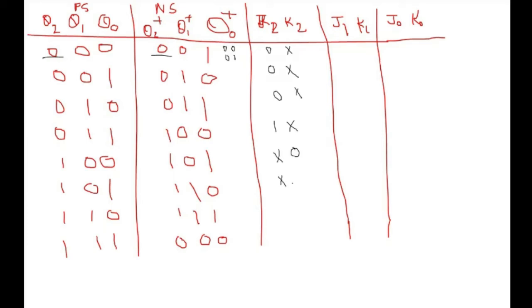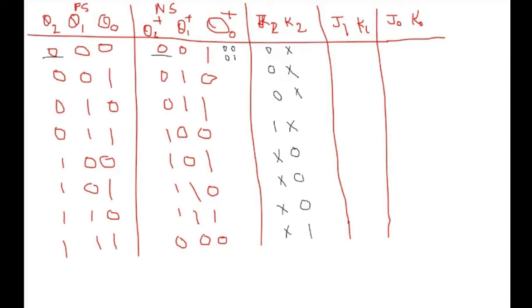So here again it will be x0. It is again x0. 1 to 0 is my toggle and reset. It will be x1. This is the state excitation table of J2 K2.